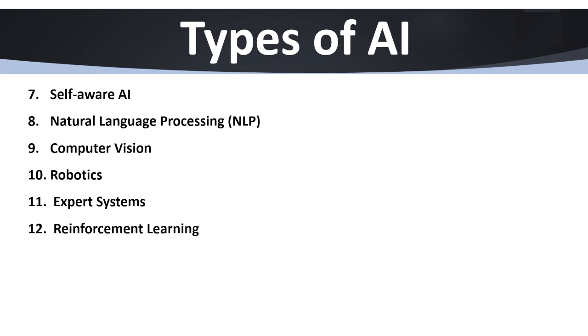And the last example is reinforcement learning. So this type of AI learns by interacting with an environment and receiving feedback.